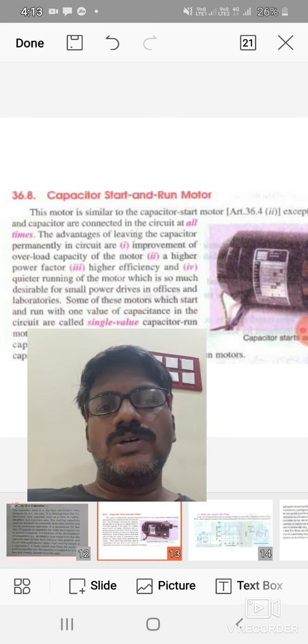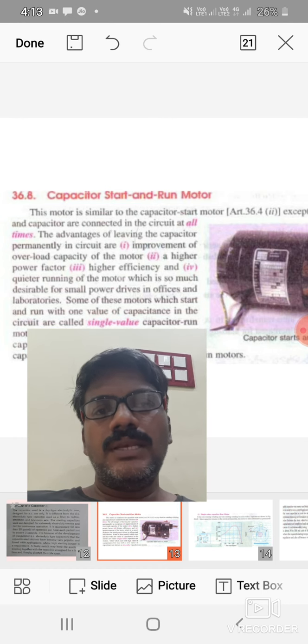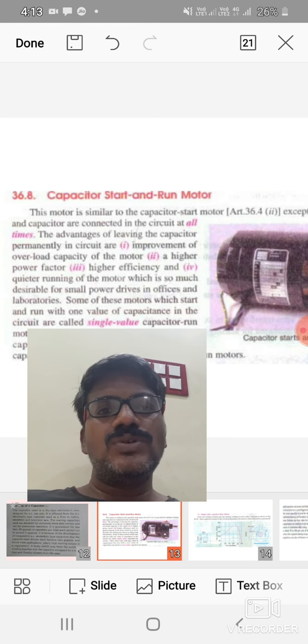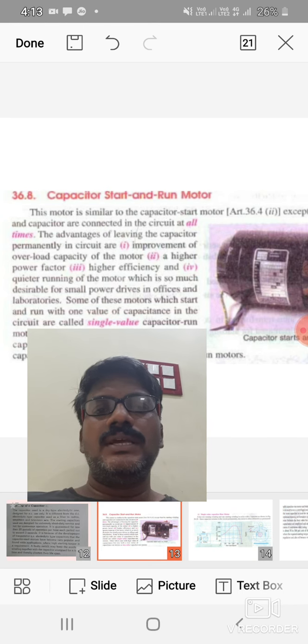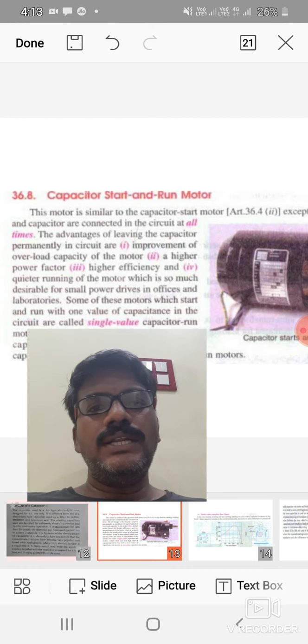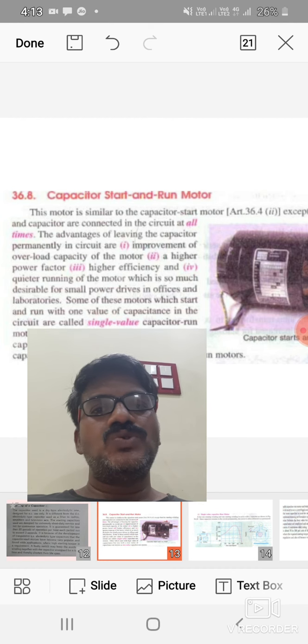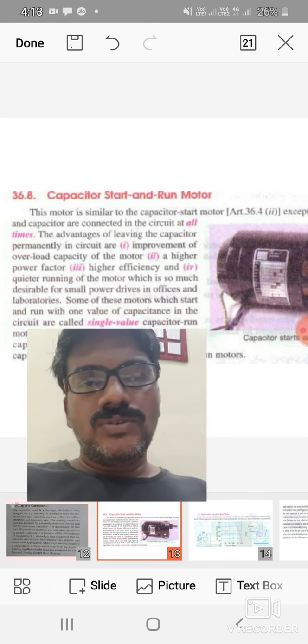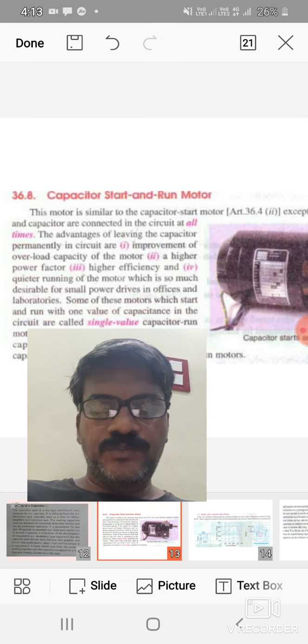The advantages of leaving the capacitor permanently in the circuit are: number 1, it improves the overload capacity of the motor; number 2, a higher power factor; number 3, higher efficiency; number 4, quiet running of the motor, which is so desirable for small power devices in offices and laboratories. So these are the 4 important things.